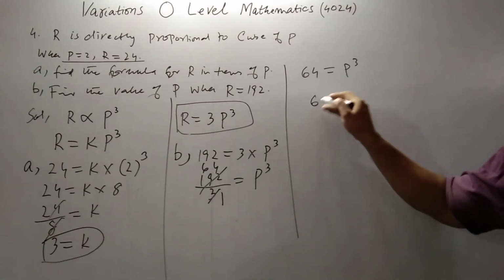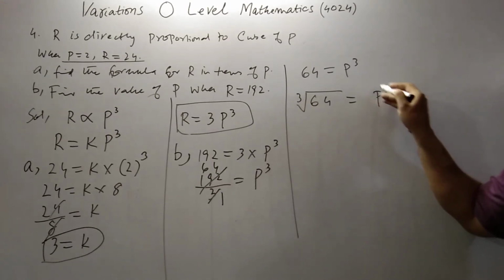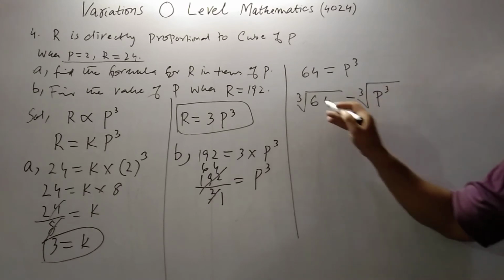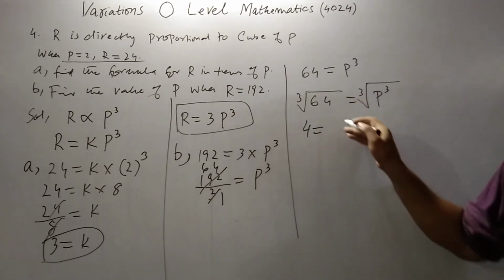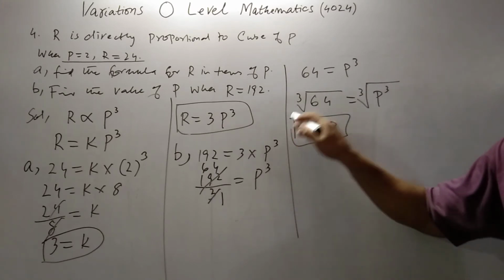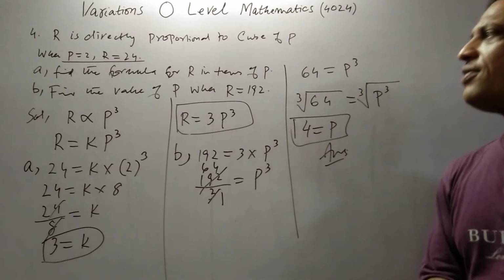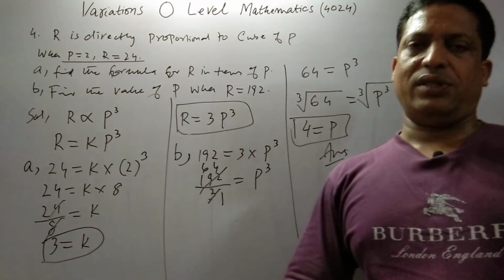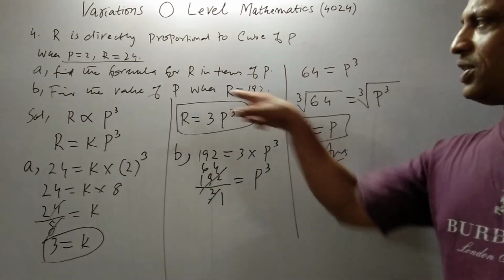So taking cube root on both sides, cube root of 64 you must know is 4, and cube root of P cube is P. Hence the value of P is 4. Very interesting and very important question. We have learned a lot of things from this question.